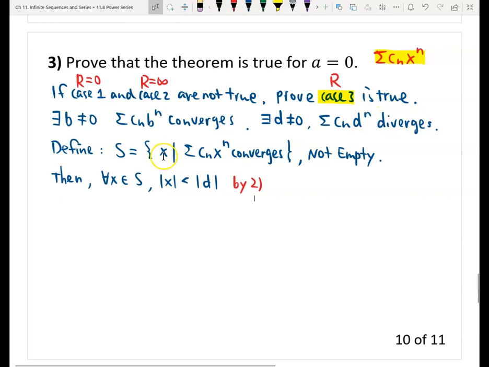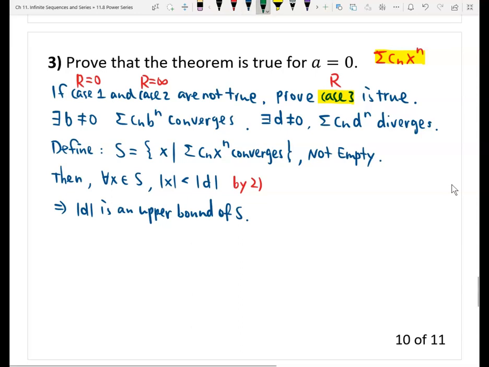So the convergence points should be inside of d. Therefore, is this true? Yes, right? So x is controlled by |d|, therefore |d| is an upper bound of S, of course.